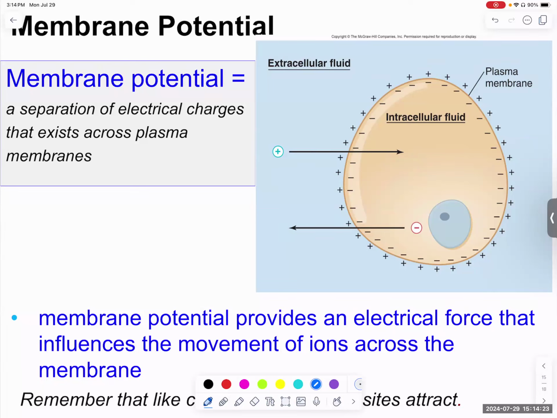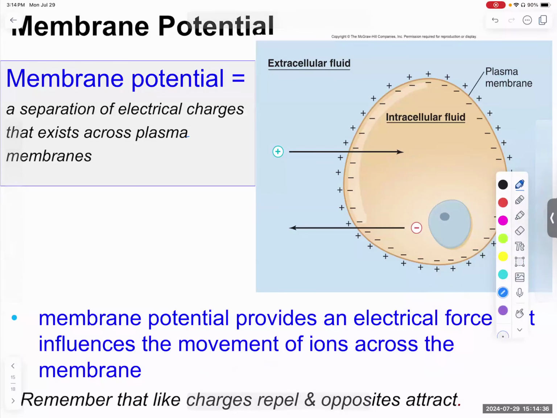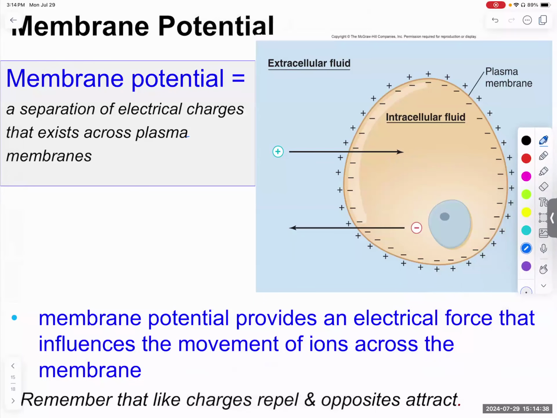Membrane potential is a separation of electrical charges that exists across the plasma membrane. And that membrane potential provides an electrical force that influences the movements across that membrane, and opposites attract. So if it's negative 70 millivolts, that means there's a whole bunch of anions, and it's negative inside.